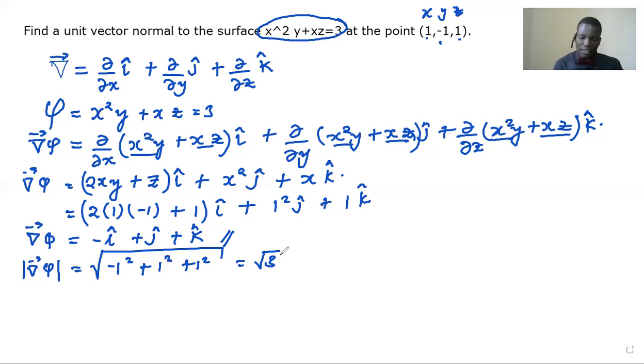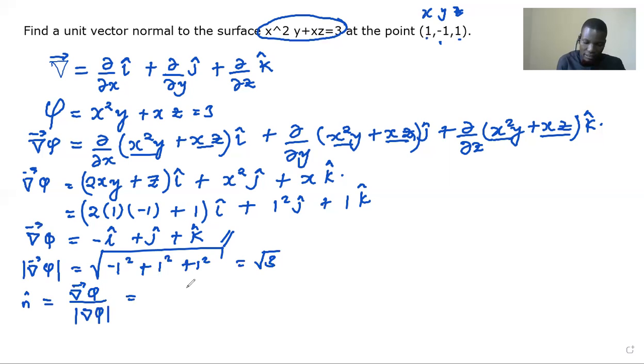Once we find the magnitude, we know that a unit vector, let's say n, is given by the vector divided by its own magnitude.